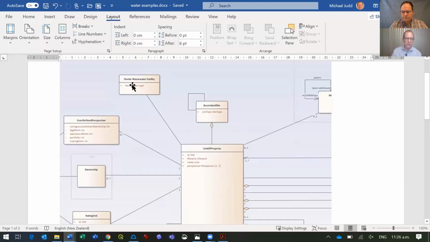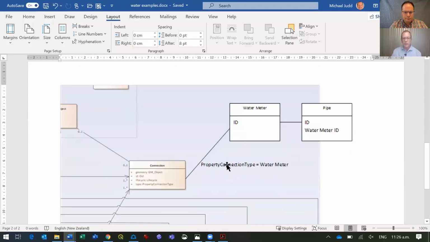So a water tank maybe would sit onto a unit of property. Another example was water pipes and horizontal infrastructure, which is a fairly topical discussion point in Wellington at the moment anyway. And here's an example of how possibly you would extend the PDMF model into that horizontal infrastructure through an access point, which would usually be something like a water meter, for example, and then that water meter would connect to your pipe network. Couple of examples about how we think the PDMF would be extensible, but our work so far indicates that it is extensible. It just depends where you hook into this model.